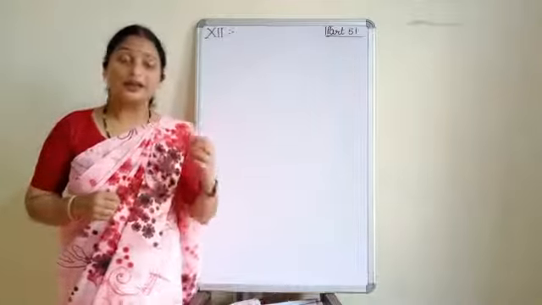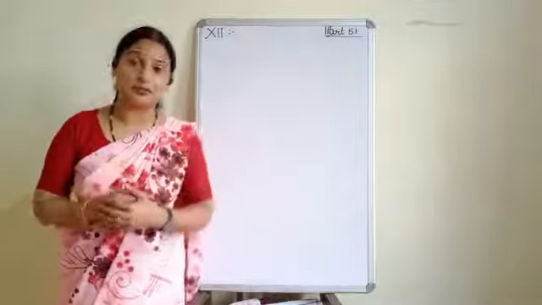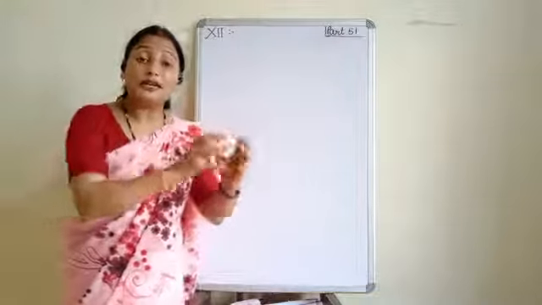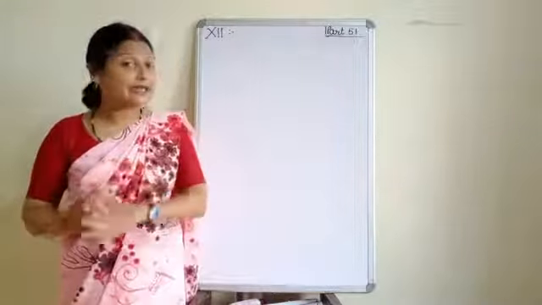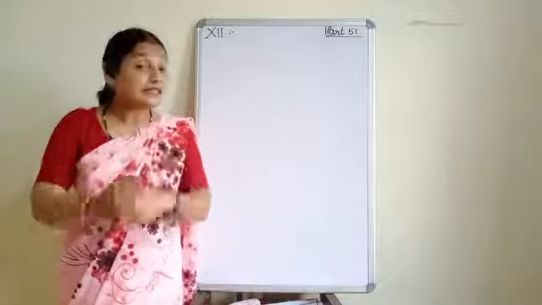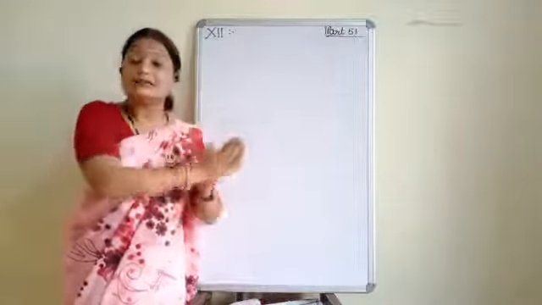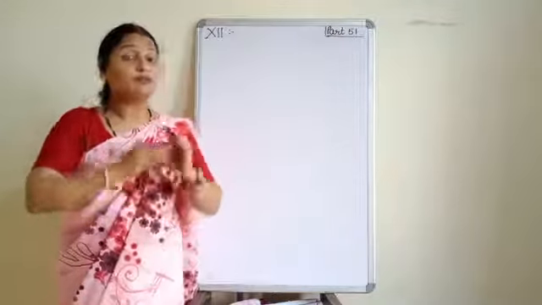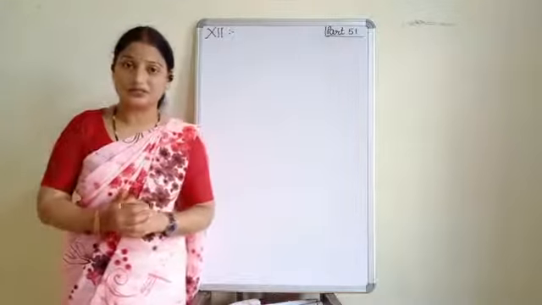This is called the Griffith experiment. Although he did not reach any conclusion, he was the first scientist who said that something is there inside the body which transfers from one generation to the other.